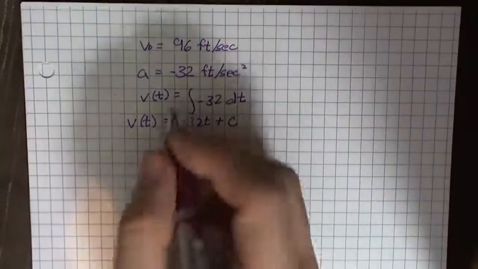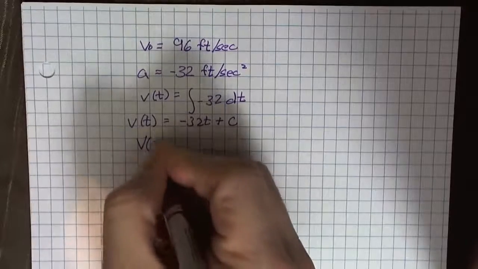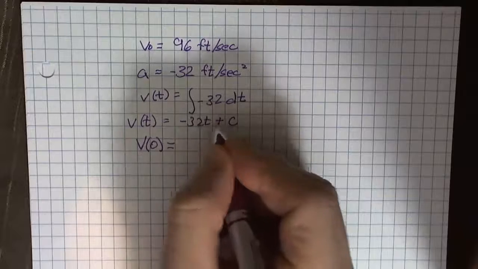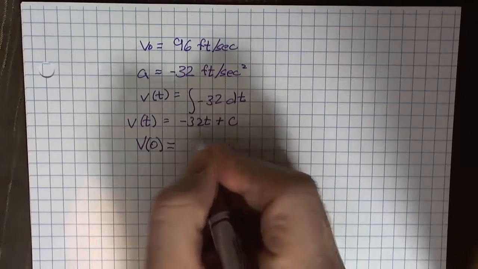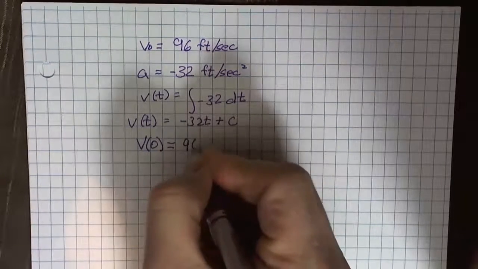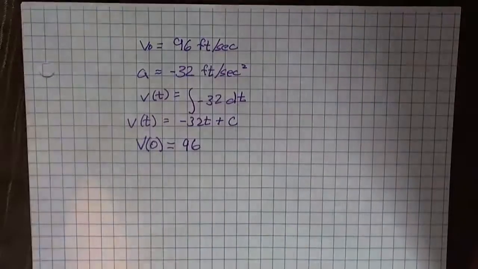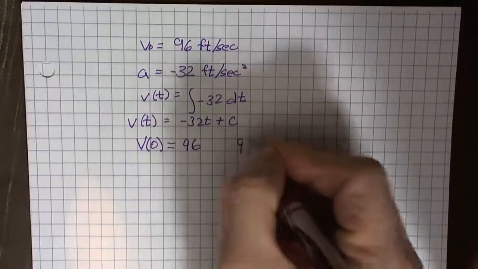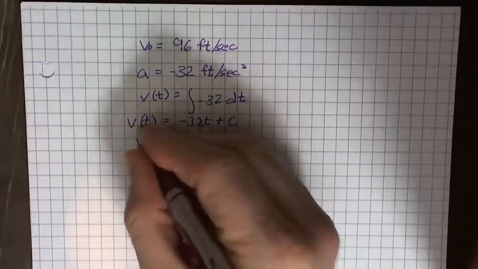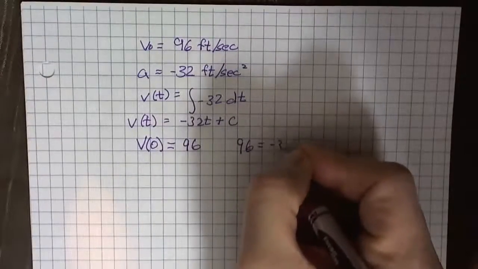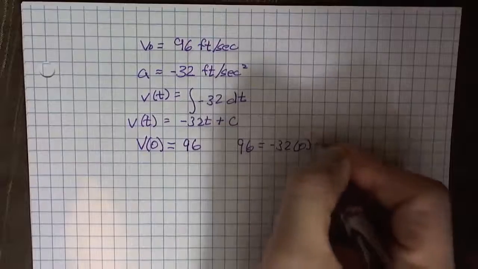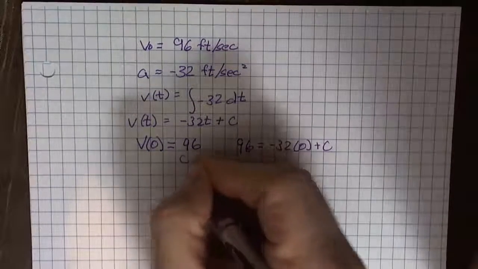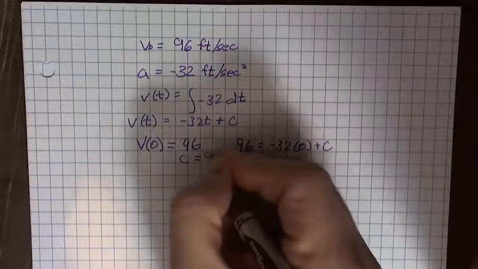So if we put in a 0 for time, at time 0 we had a 96 velocity. So 96 equals negative 32 times 0 plus c, and we see here that c is equal to 96.